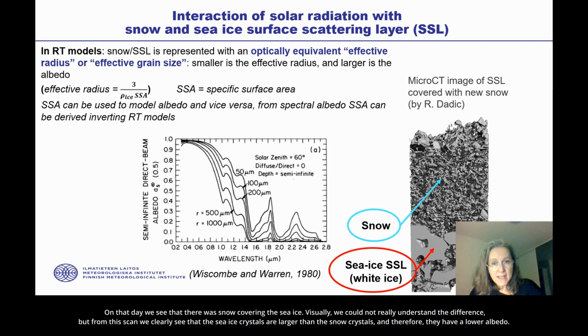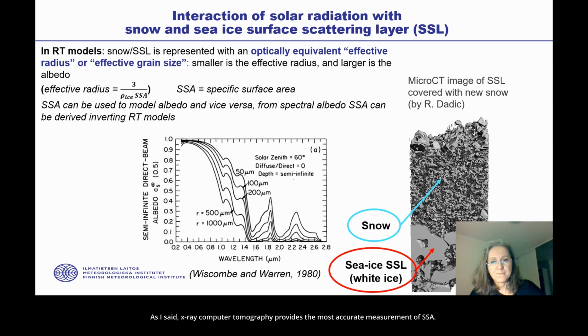On that day, we see that there was snow covering the sea ice. Visually, we could not really see the difference, but from this scan, we clearly see that the sea ice crystals are larger than the snow crystals, and therefore they have a lower albedo.